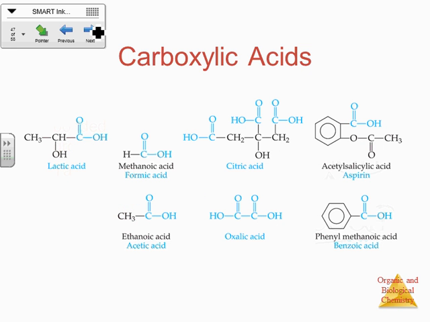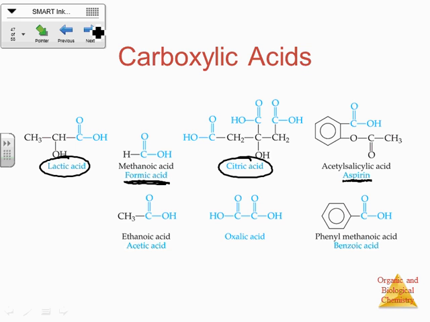Here are some other examples. Citric acid, very familiar with that. Lactic acid. Formic acid. Formic acid is actually the acid that ants make when you get ant bites. And so those are some of the ones. Acetylsalicylic acid is aspirin, so you're probably very familiar with that one as well. So a lot of different types of carboxylic acids are very important.